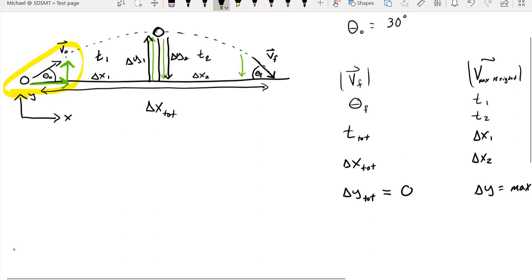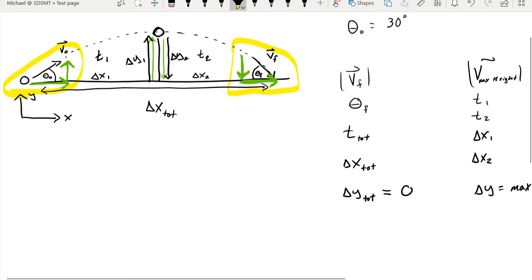Likewise, there are x and y components of the final velocity that we are going to want to solve for, so that we can put those together and find the information about the final velocity. And so right there, we can use some trigonometry with the vectors.